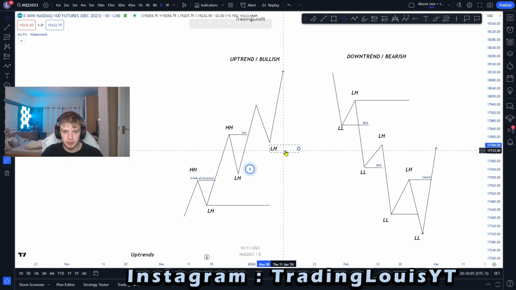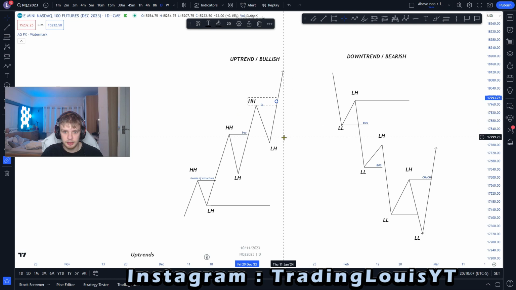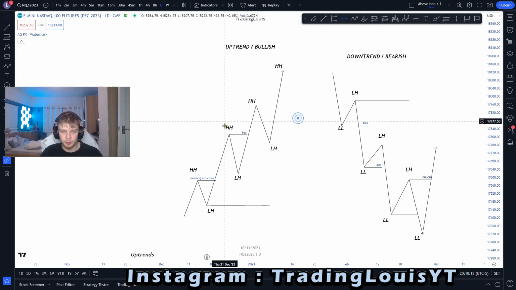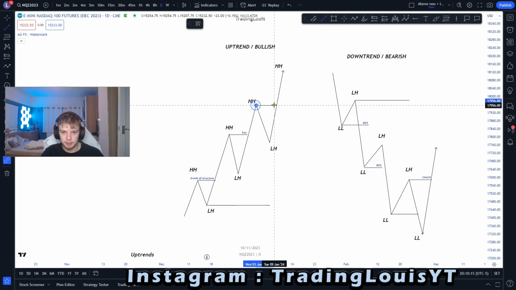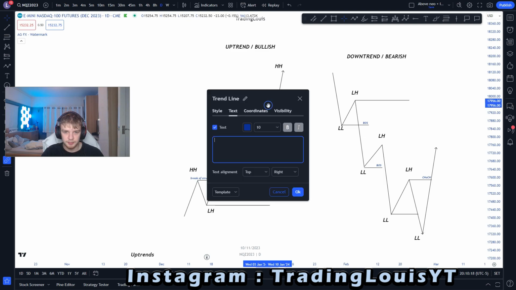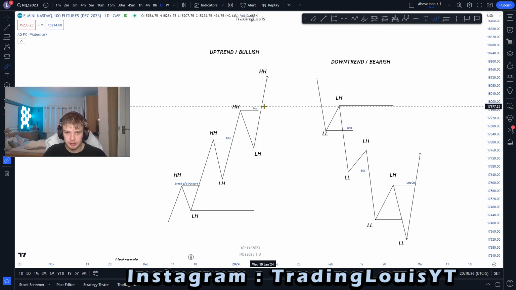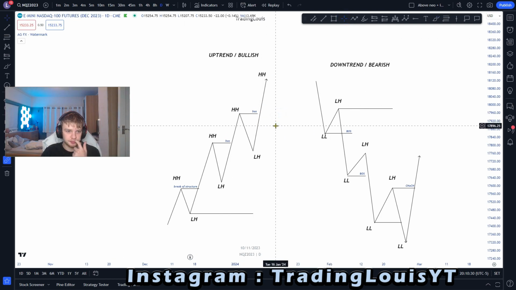So here would be a lower high, a higher high, and then another higher high here. So here would be our break of structure, as you can see, break of structure right there. As soon as this lower high breaks the higher high, that would be the break of structure right there. So then you would label that break of structure.